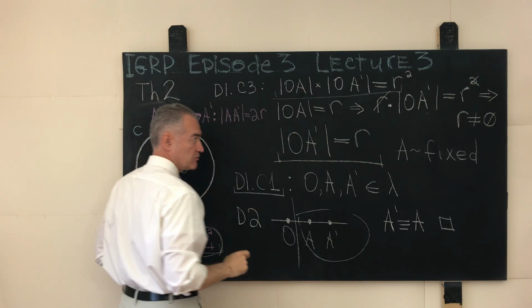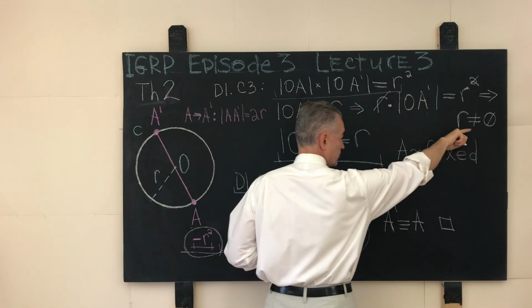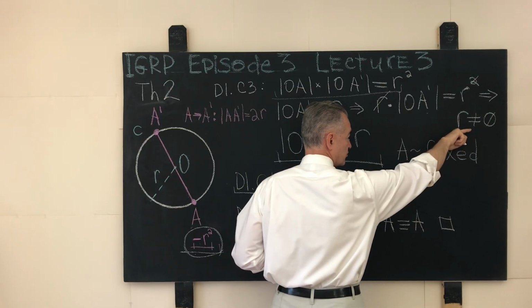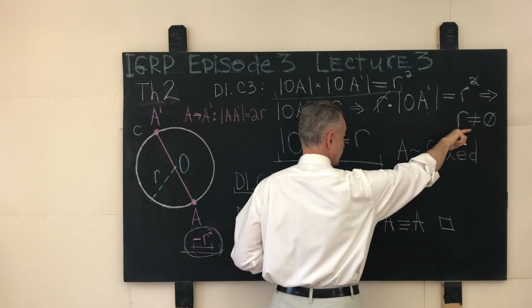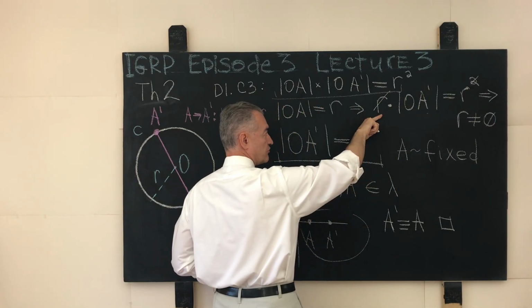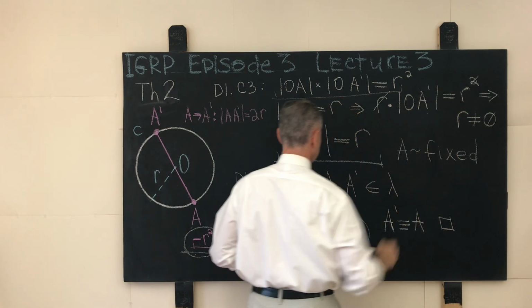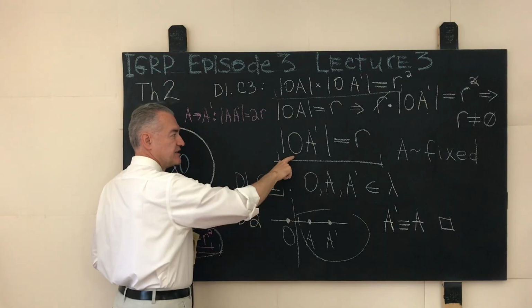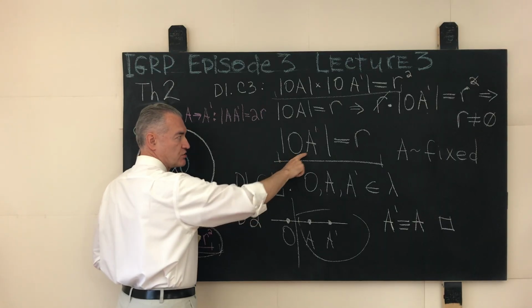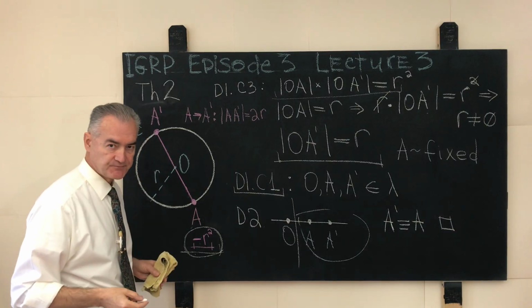The fact that the distance between the center of inversion and the pre-image point is R is exactly the same. The conclusion here is exactly the same. The assumption that the length of the radius of inversion is not zero is exactly the same. The cancellation of one copy of the radius of inversion on either side of this relationship is also the same. The fact that the distance between the center of inversion and the image point A prime is equal to r is the same.